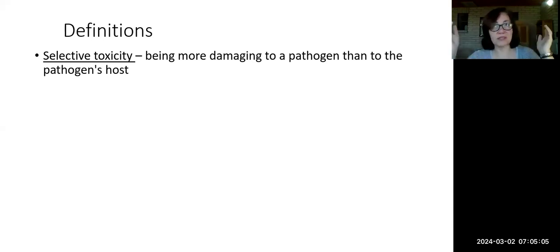We made this big fuss about how we all use DNA and the same genetic code, and all these codons mean the same amino acids in all the different species. So that's a terrible target for a medication because it would be damaging to the host cells as well. And so what we look for are differences in the physiology between the microbe and the host, to target the things that are going to hurt the microbe more than they're going to hurt the host.